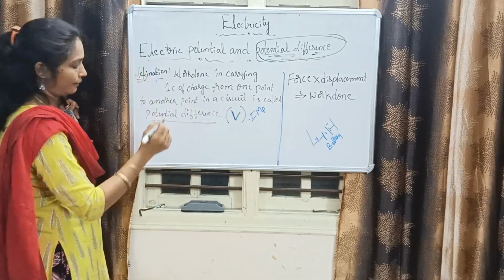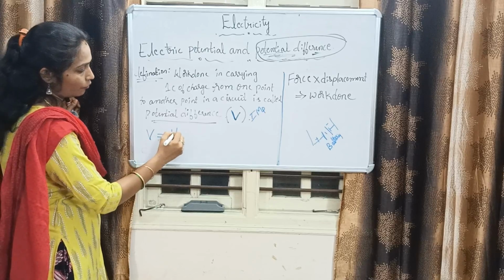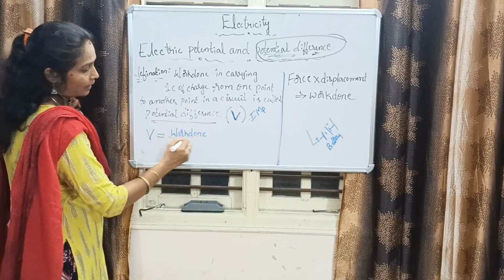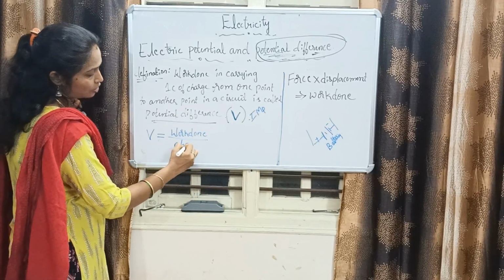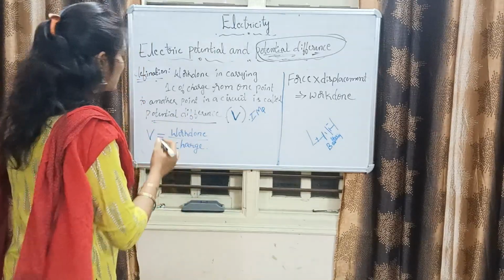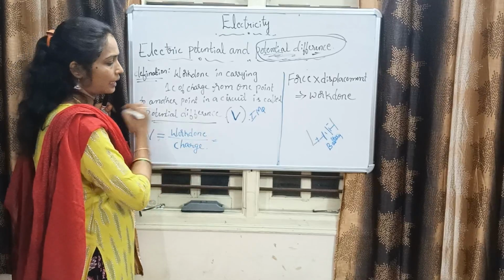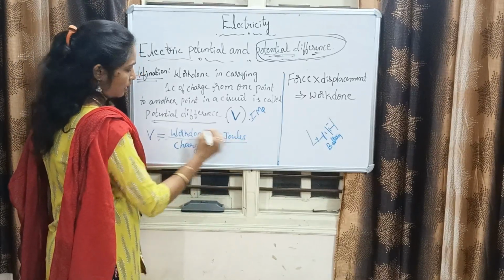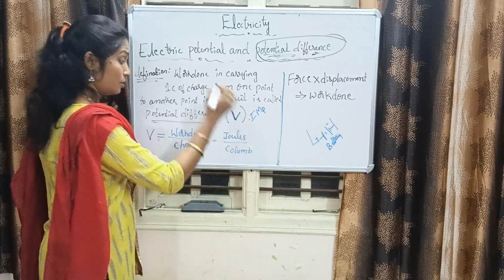Now tell me how to represent this potential difference with a capital V. Why V and all, I'll tell you later. V is equal to work done divided by what, guys? Charge. Work done divided by charge. Now, work done is represented in terms of joules and charge is represented in terms of coulomb.